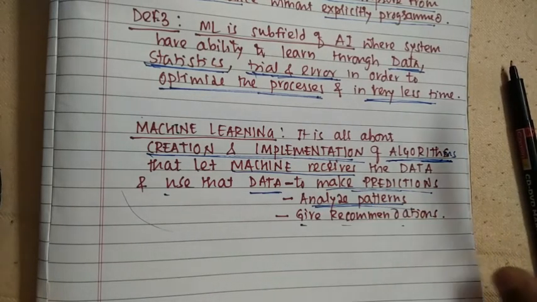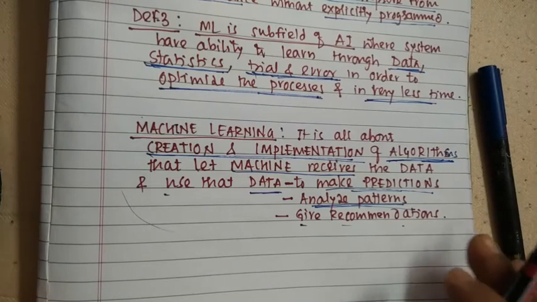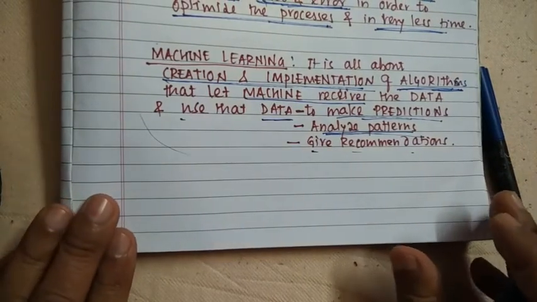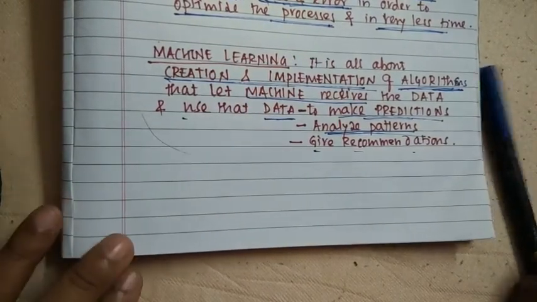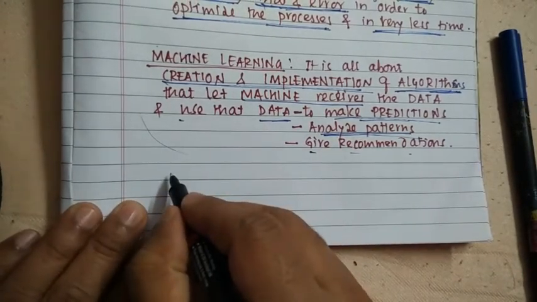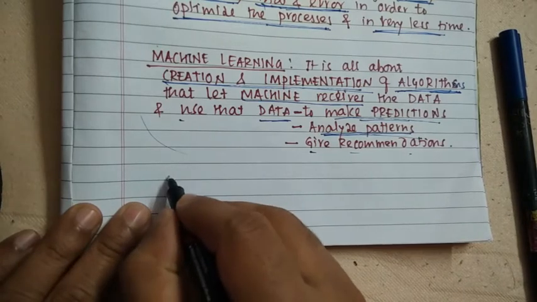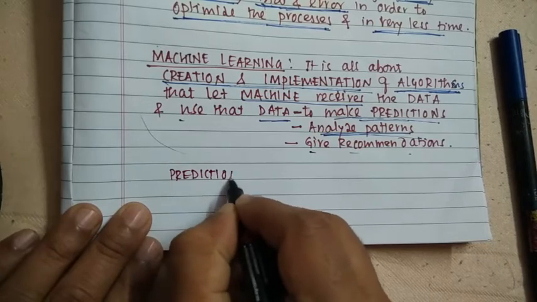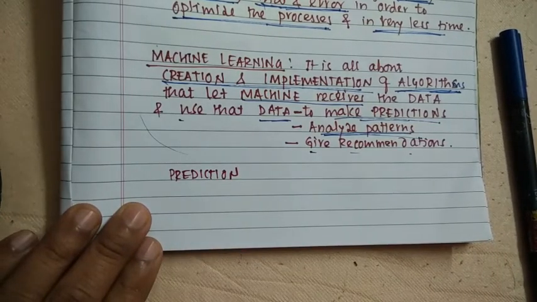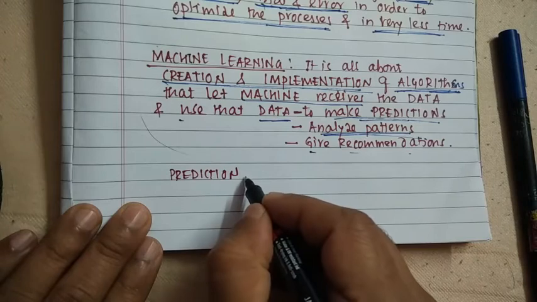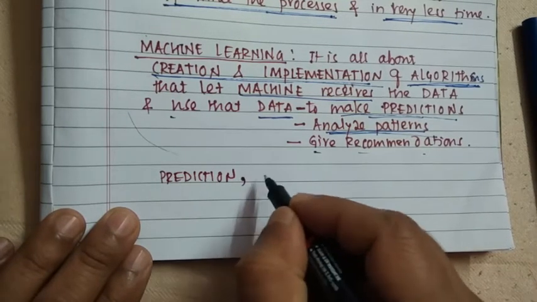Okay, now the last part we are going to see is where we can find applications of machine learning. It finds application in prediction, if you want to forecast sales or the price of a product or house.